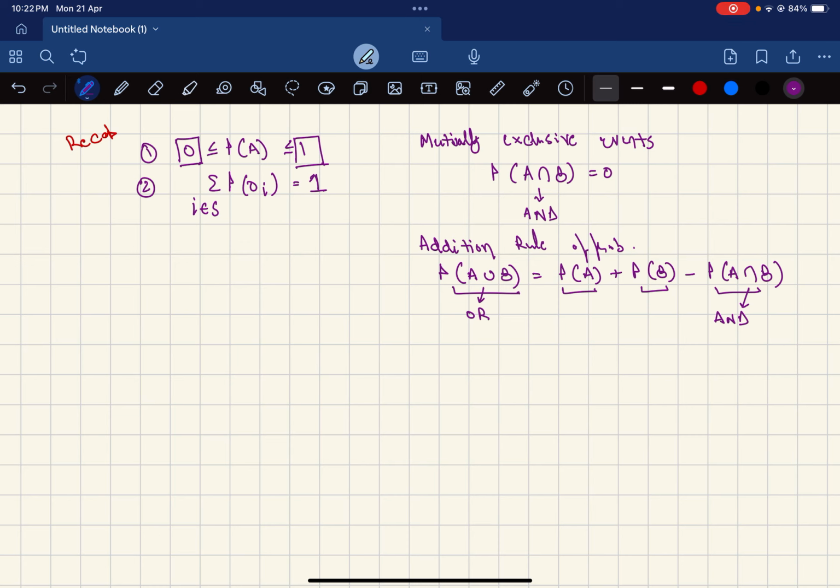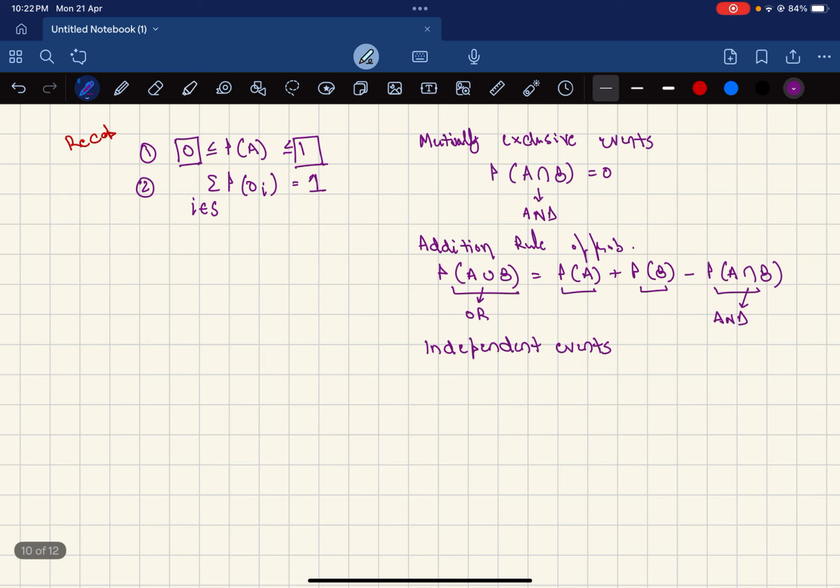Then moving on, we looked at what are independent events. So these were the events where the probability of one event occurring, given that the other event has already occurred, is still equal to the initial probability of that event.